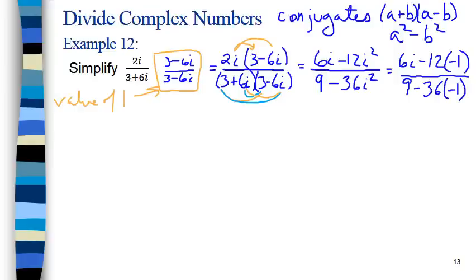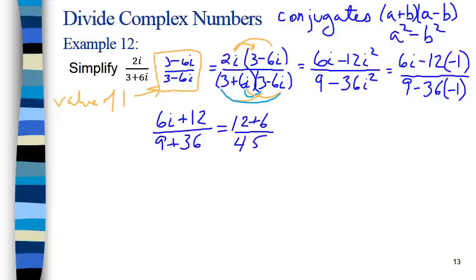Well, to reduce that, we end up with 6i plus 12 over 9 plus 36. 9 plus 36 is 45. And we can rewrite this as 12 plus 6i so that it's in complex form. And in order to write it completely as a complex number, we need to split the fractions.